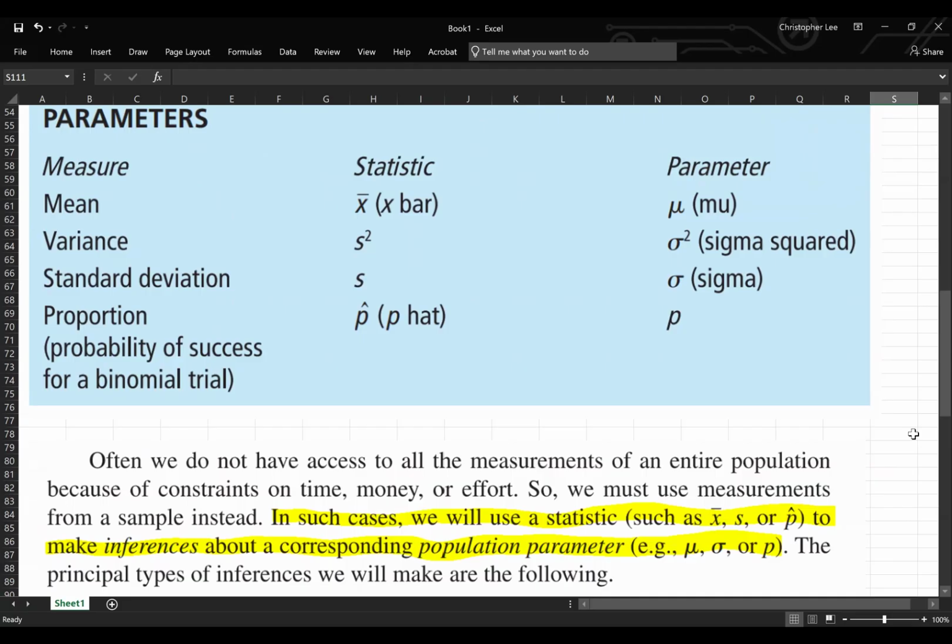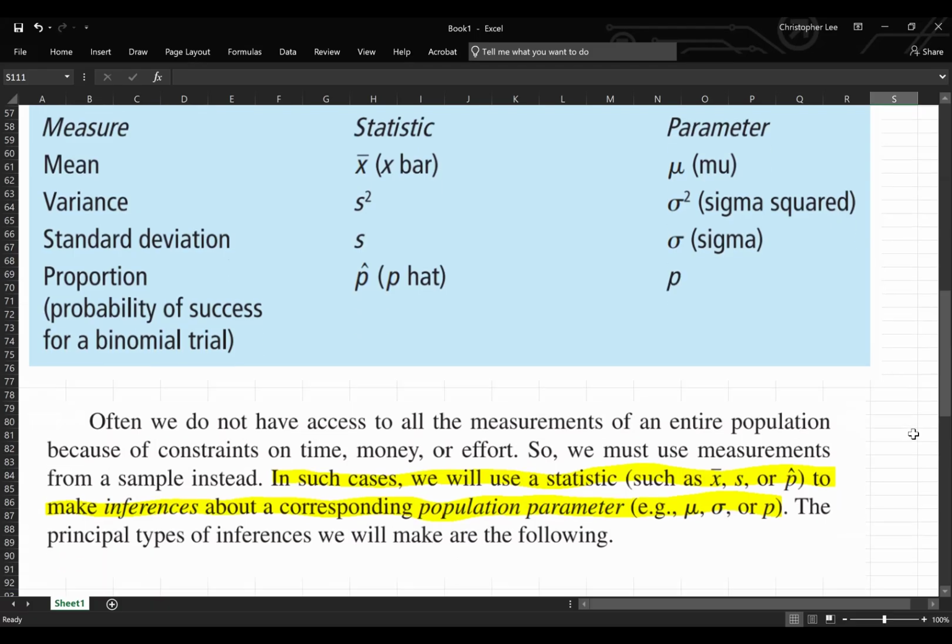In such cases, we will use a statistic such as X bar, which is our sample mean, S, which is our sample standard deviation, or p hat, right, which is our probability of success, for example, to make inferences about a corresponding population parameter, such as our population mean or population standard deviation or our population probability of success rho.